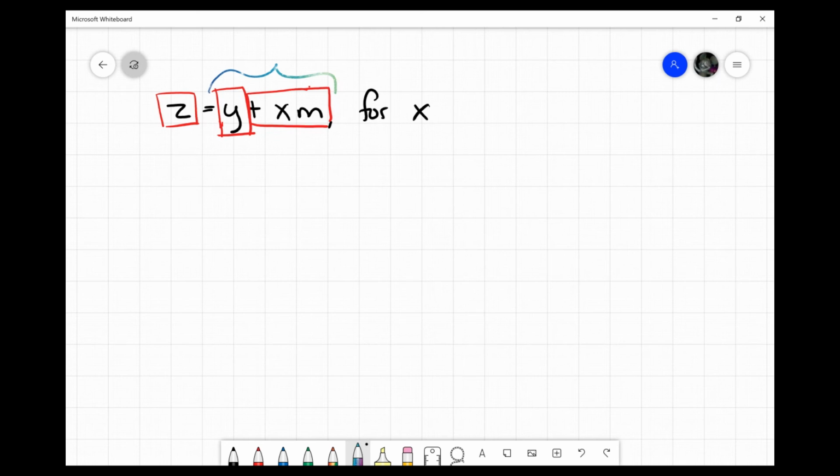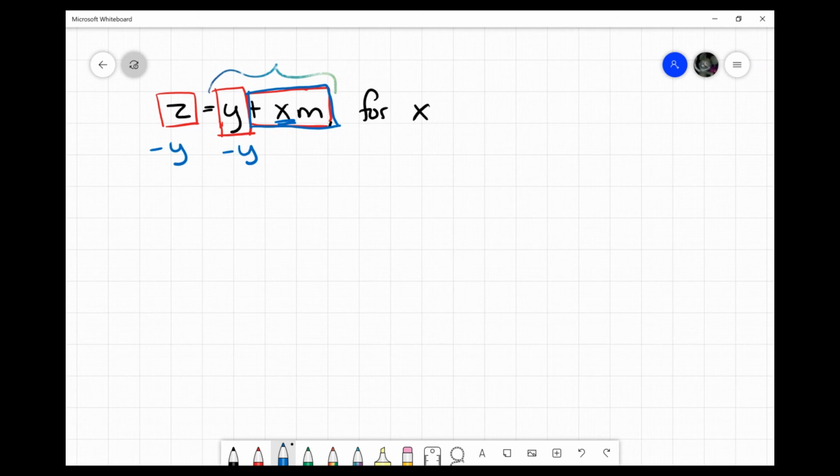I want to get our x all by itself, so I start by working to get the x term all by itself, meaning I need to get rid of the other thing, which would be the y. To get rid of a positive y, I'm doing the inverse, the opposite, which means I'm going to subtract y from both sides. Z take away y, I can't put that together.